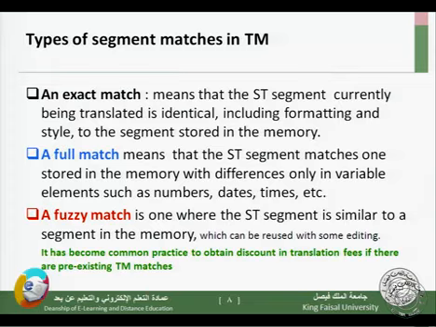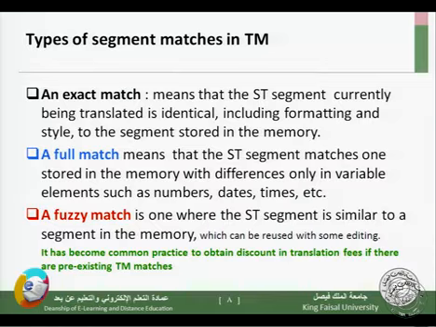And then this English ST segment, a sentence, is identical, is exactly the same as the segment stored in the translation memory program, including formatting and style. Form and content, exactly the same. This is what we mean by an exact match.